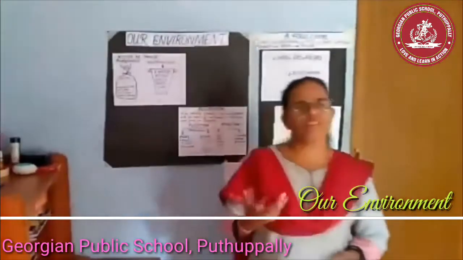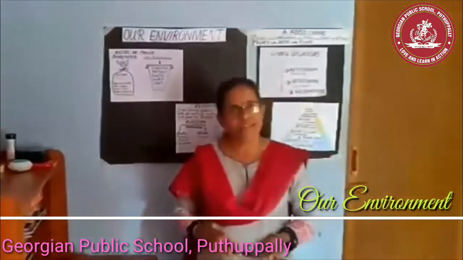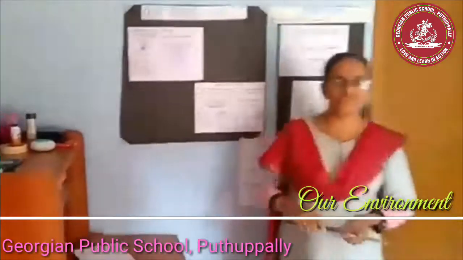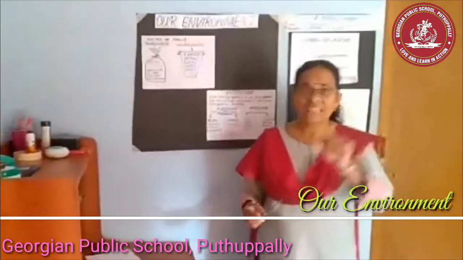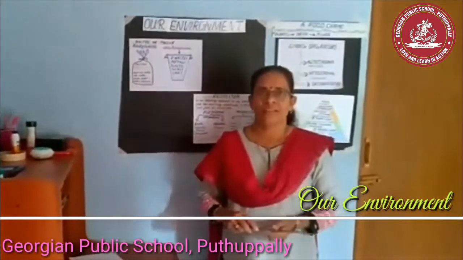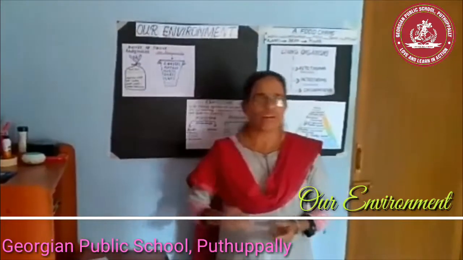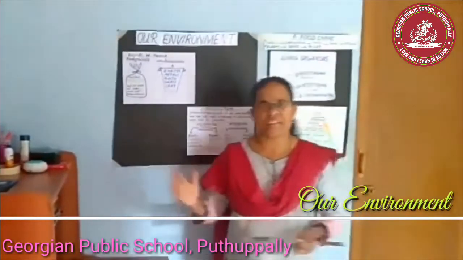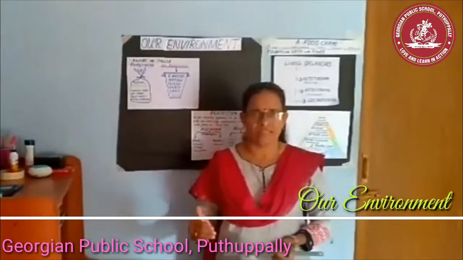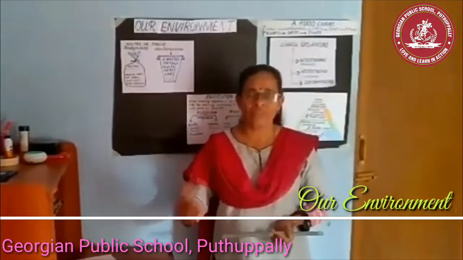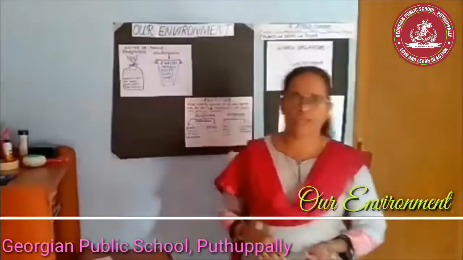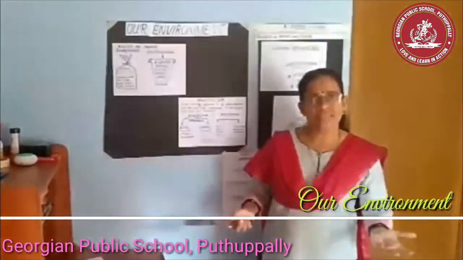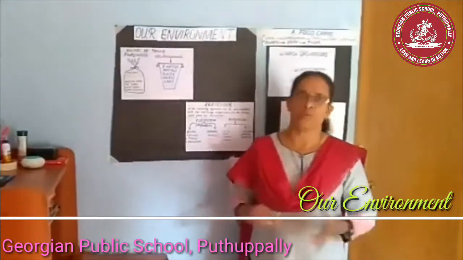Children, can you tell what is environment? Environ is a French word that means encircle. So, environment means everything that encircles or surrounds us, like air we breathe, water we drink, soil we use, plants, animals, and a lot more.